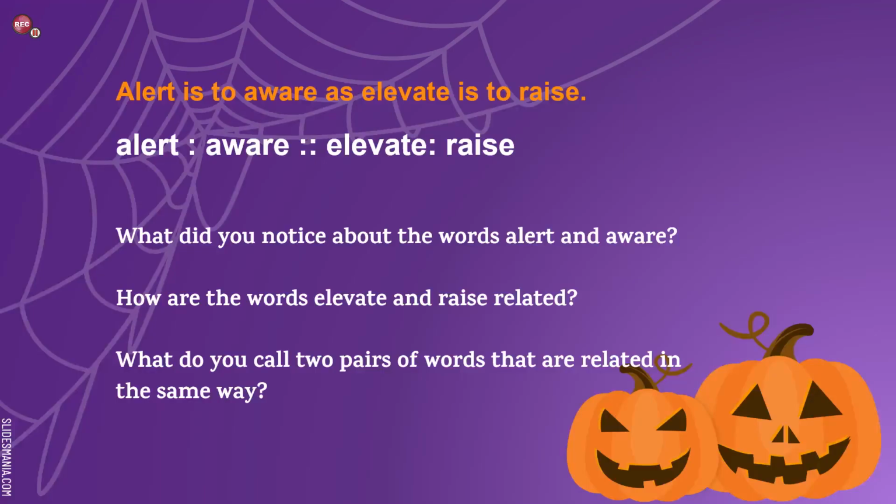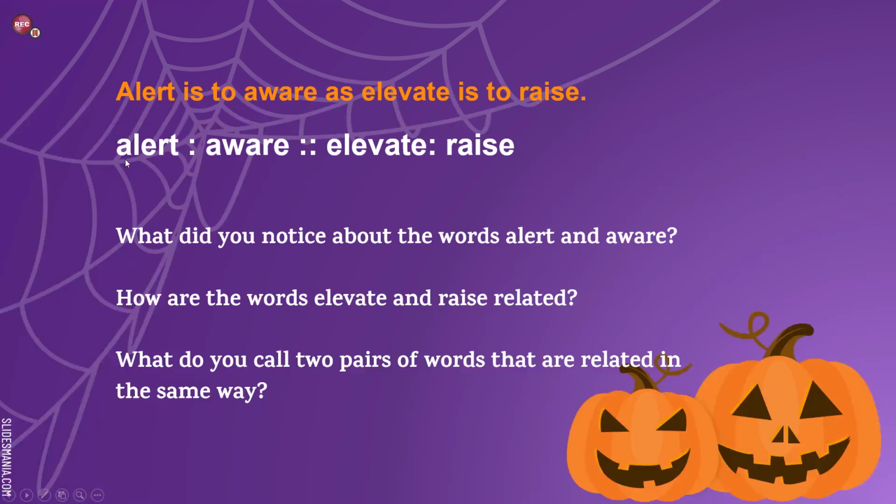Okay, so we're going to look at this first one. It says alert is to aware as elevate is to raise. Now, what I want you to look at here is how you read an analogy. Alert is to aware as elevate is to raise.